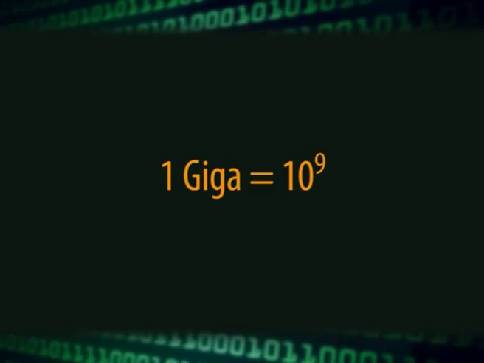A system clock having a time period of 1000 microseconds will change its status from 0 to 1 and then back to 0, 1000 times in 1 second. Therefore, the frequency of the system clock is referred to as 1000 Hertz. These days, the system clock rate used to drive the CPU is measured in gigahertz. 1 giga is 10 to the power 9.